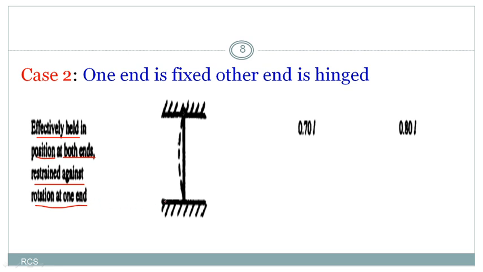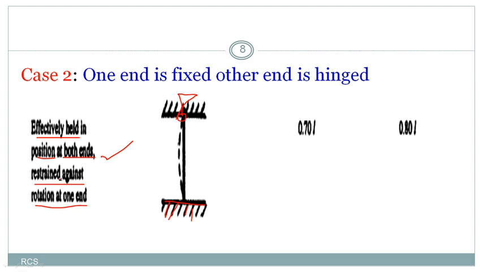So I can assume that at this particular point it has a fixed support, so it is restrained against rotation, and at another point here I have a hinged support. So what does it say in this case? One end is restrained against rotation, and the other end is not restrained against rotation.